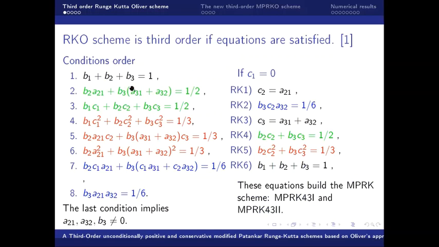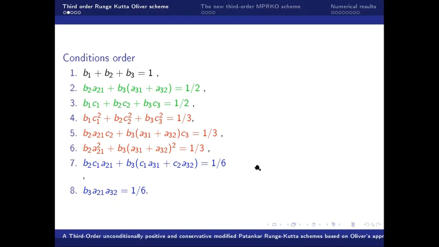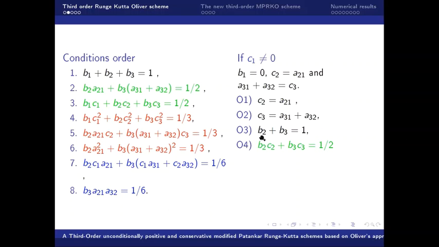and this equation 1 is the same as equation RK6. This equation will be the modified Patankar-Runge-Kutta scheme. If C1 is not 0, the green equation reduces to the O4 equation on the right.